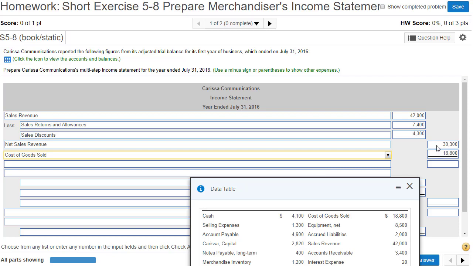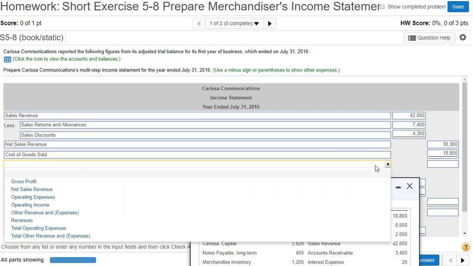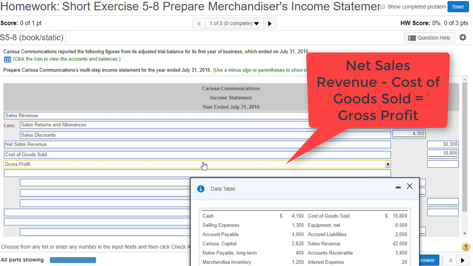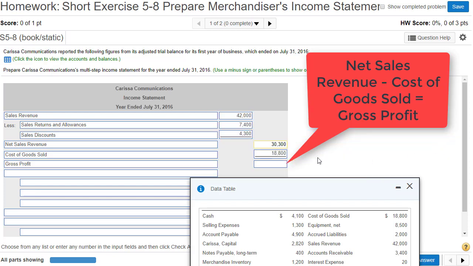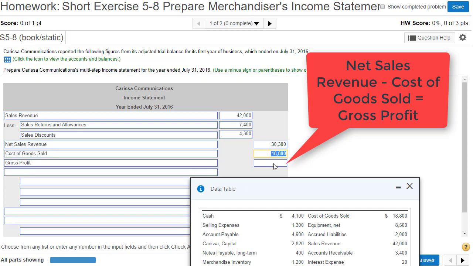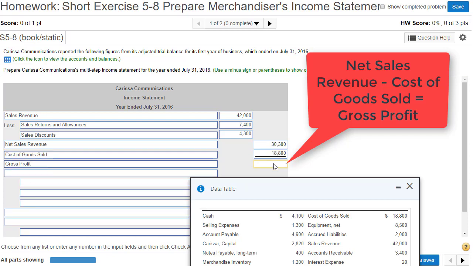Then what we're going to do is calculate a critical number for a merchandiser. It's called gross profit. The formula for gross profit is you take your net sales revenue, you subtract your cost of goods sold, and that gives you your gross profit. So doing the math, looks like we get $11,500 of gross profit.